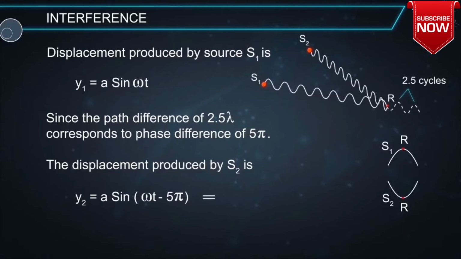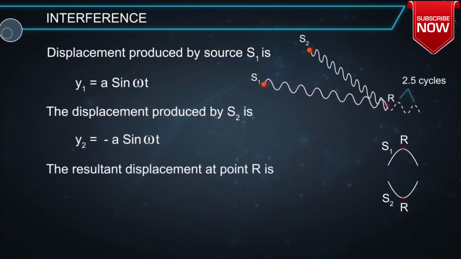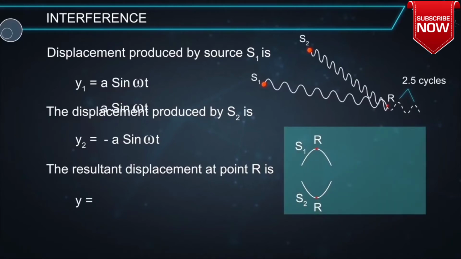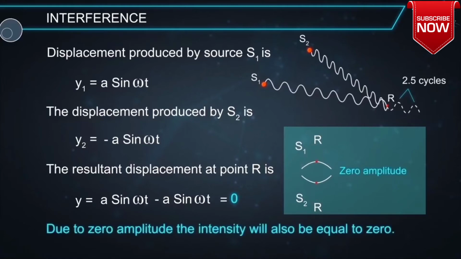This is equal to minus a sin omega t. Therefore, the resultant displacement at point R is given by y is equal to y1 plus y2, which is equal to 0. Due to 0 amplitude, the intensity will also be equal to 0.